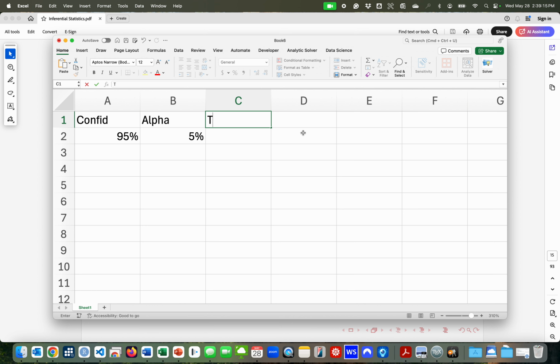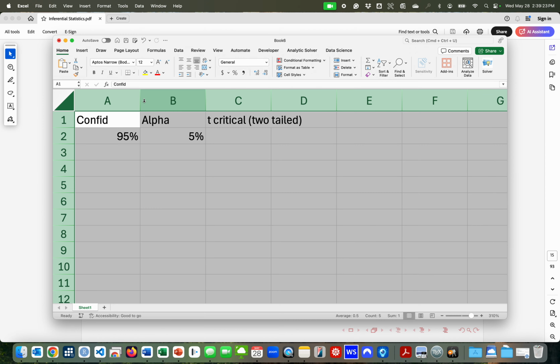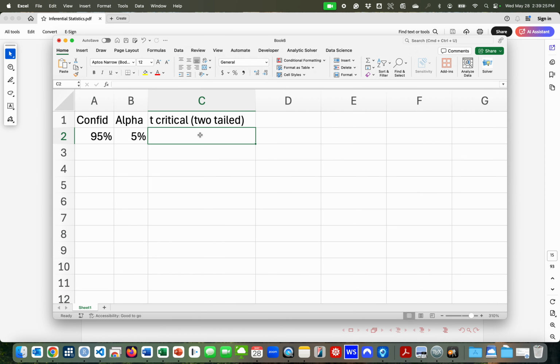So our t-critical for two-tail equals T.INV.2T, because this is going to give us the t-value for a two-tailed test, so we don't have to divide alpha by 2. It saves you one step. The probability is going to be alpha. The degrees of freedom is always the sample size minus 1.